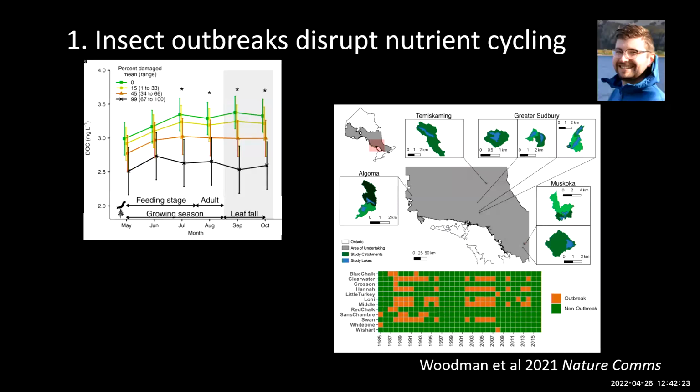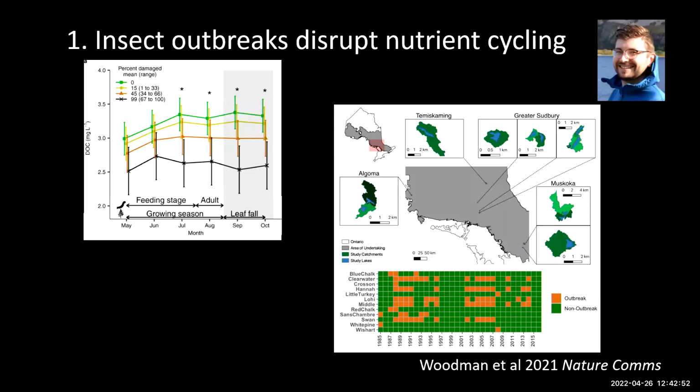So what we have on this plot here is the dissolved organic carbon concentration over the growing season. The points are just the means and the errors, and the different colored lines here are the percent of the catchment that has been damaged by insects. So we have really good aerial flyover data where the insect outbreaks are mapped over these catchments. And in most cases, if there's an insect outbreak, 99% of the catchment is damaged.